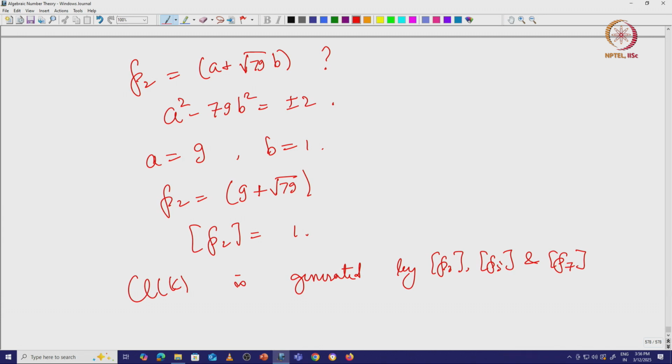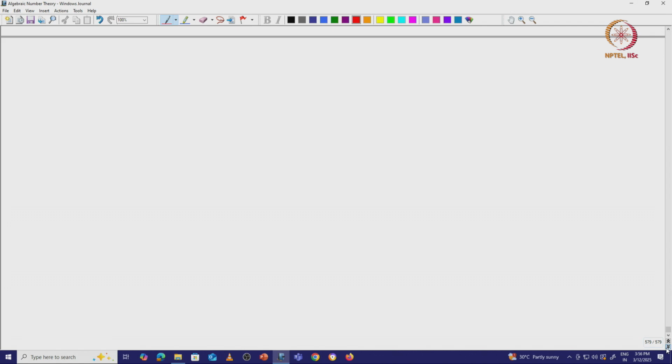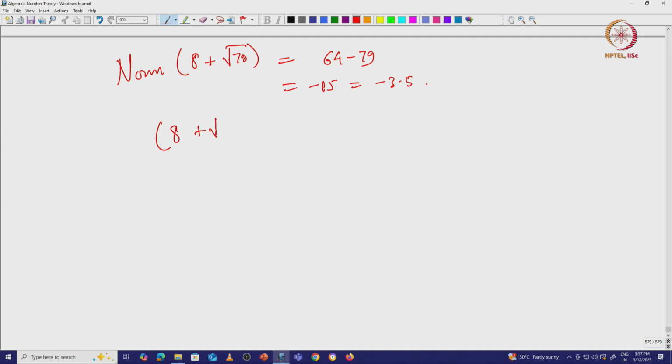So what we are going to try to do is look at lots of examples of norms. Let us look at 8 plus square root of 79. What is this? This is 64 minus 79, which is minus 15, which is minus 3 into 5.